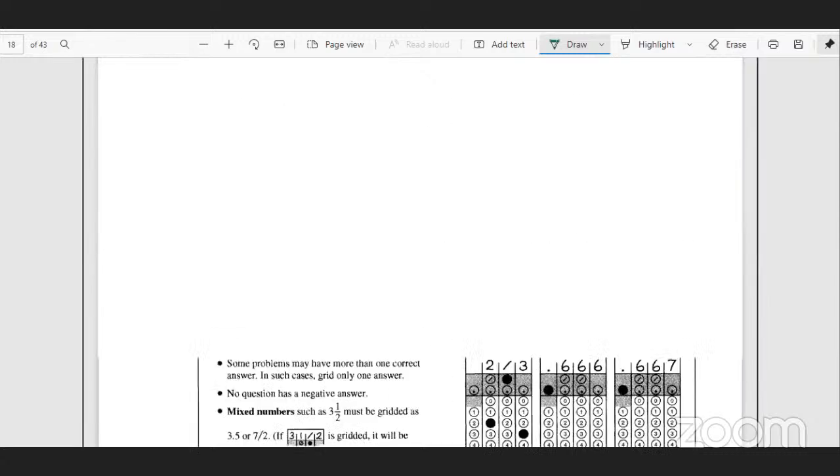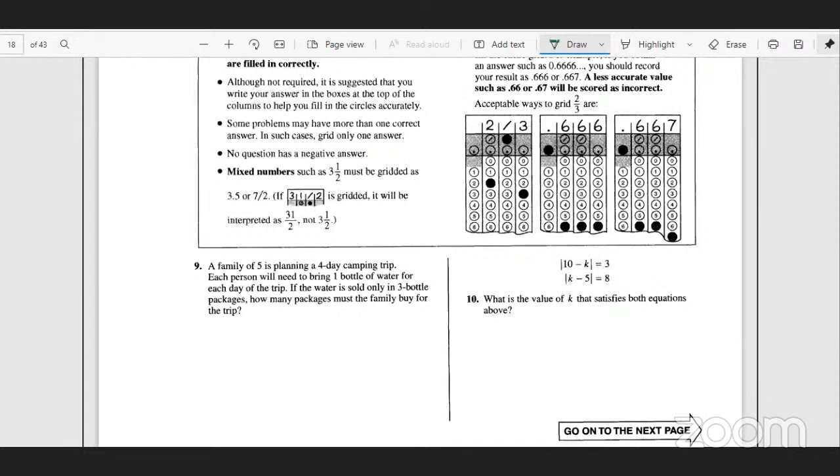Okay. So here's the 9th question. A family of 5 is planning a 4-day camping trip.